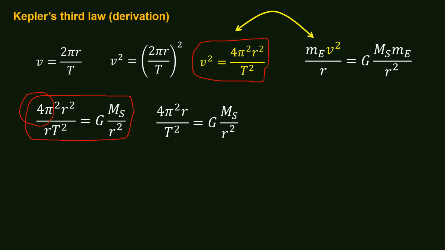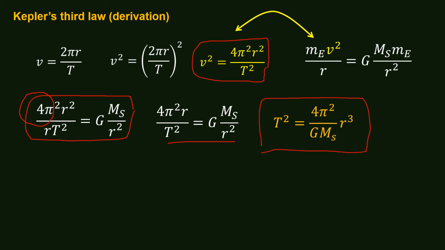After some intermediate algebra, we get what we're looking for. So we have the period squared is equal to 4 pi squared divided by the universal gravitational constant times, in this case, the mass of the sun.